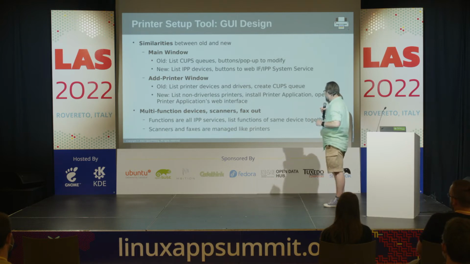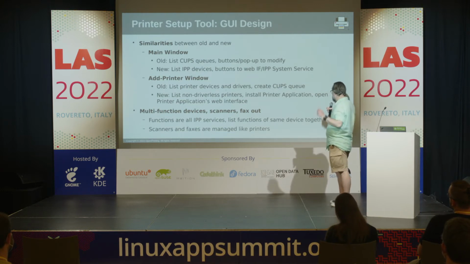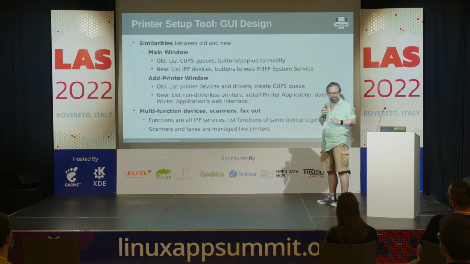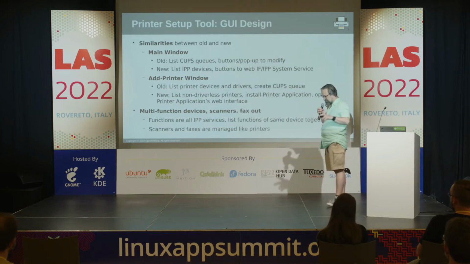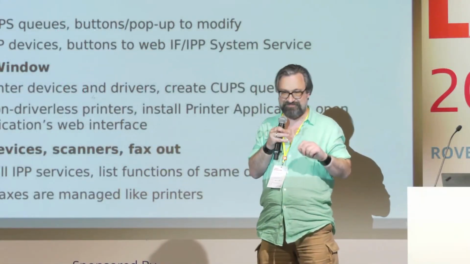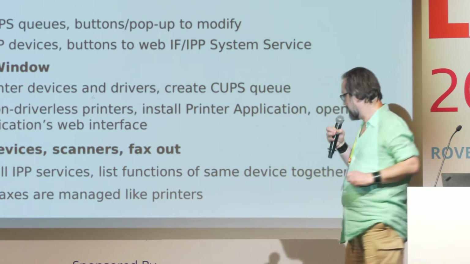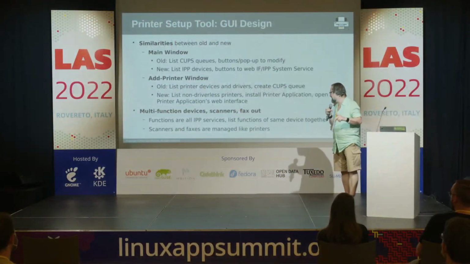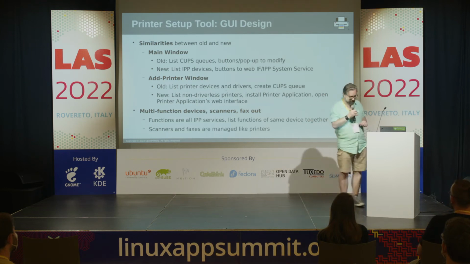New, list the non-driverless printers, and ask OpenPrinting which printer application to install. And for multifunction devices, as I said, we list not only the print IPP service, but the scan IPP service and perhaps fax out all together. And so scanners and faxes are treated like printers and appear in the printer setup tool.